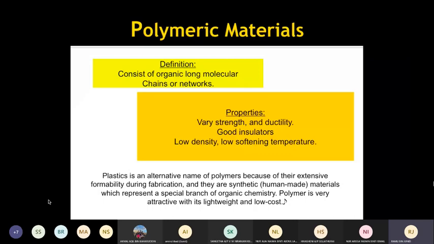Okay, the properties vary with strength. Oh, I think we already covered this chapter last time. Suddenly I recall that we already covered this chapter as well.